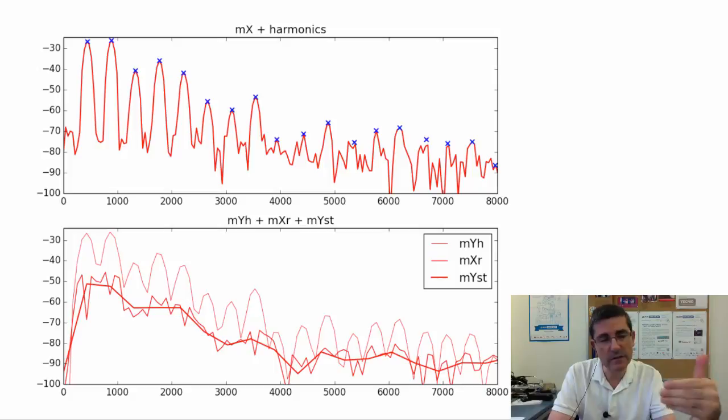Again, it's a spectrum that will have to be recomputed. And then we obtain the next curve, which is the MXR, the residual spectrum. And this residual spectrum can be approximated with a smooth curve, which is the MYST, this sort of line approximation of the residual, and this is going to be our stochastic model.